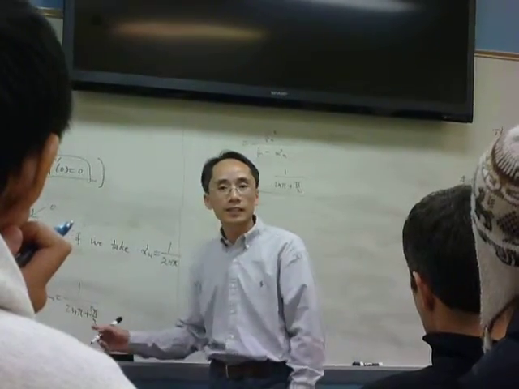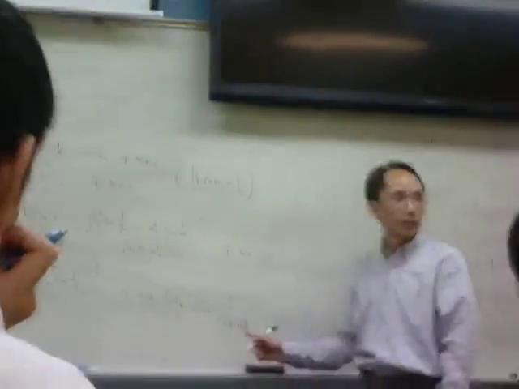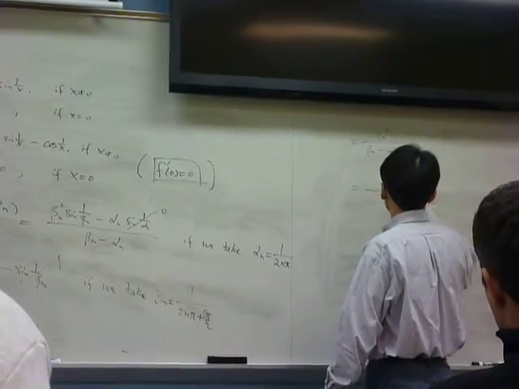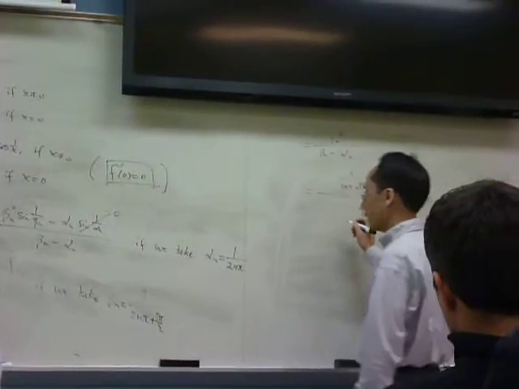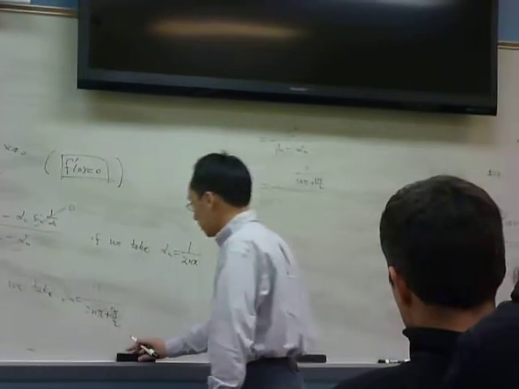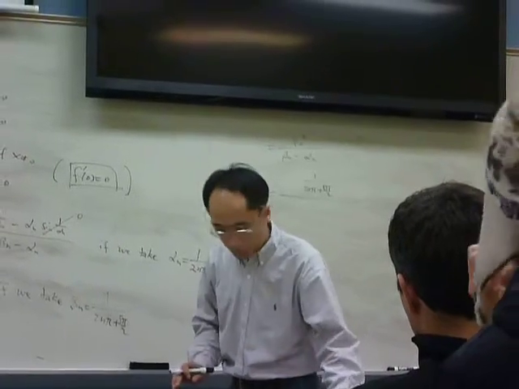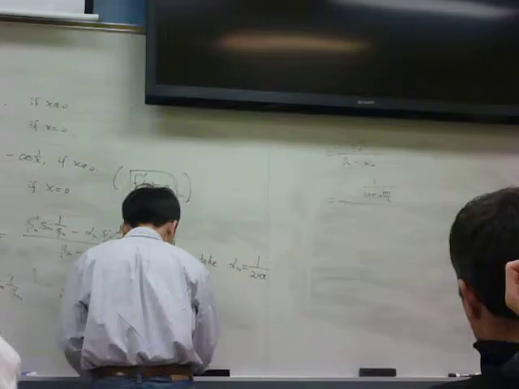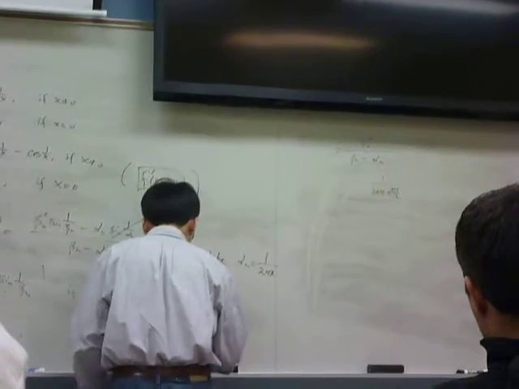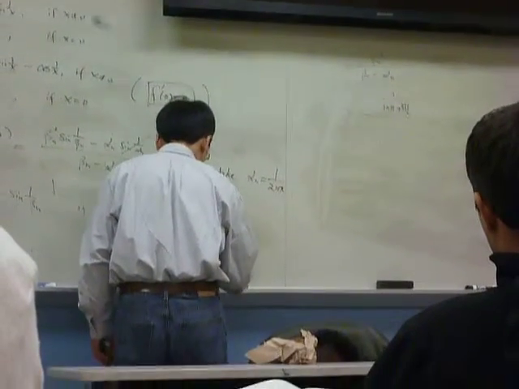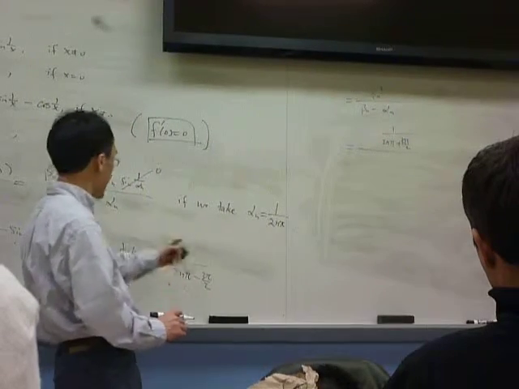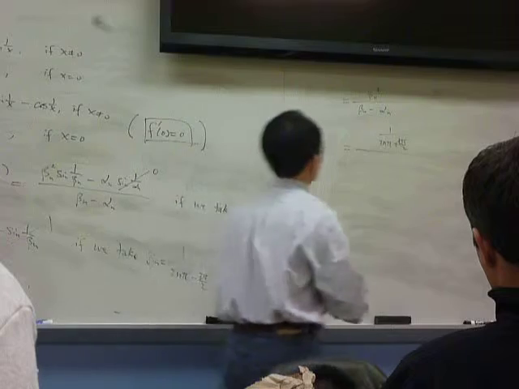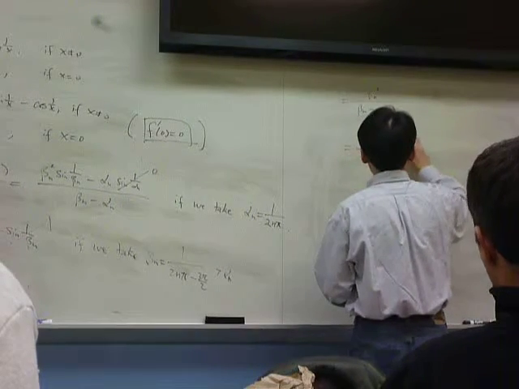Because of the reciprocal, I should make it smaller, not larger. I think the minus is 3 pi over 2, so that beta n is larger than alpha n. I'm sorry, but essentially there's no difference.